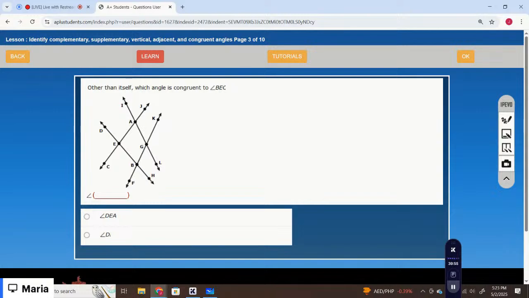Other than that itself, which angle is congruent to angle BEC?